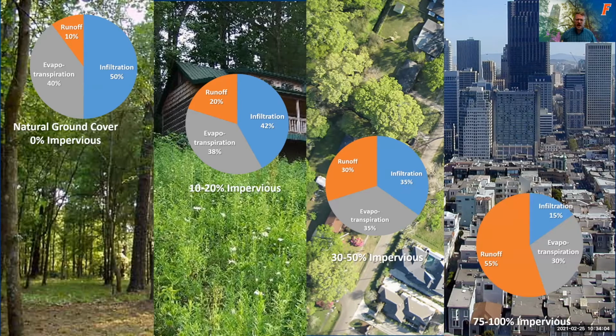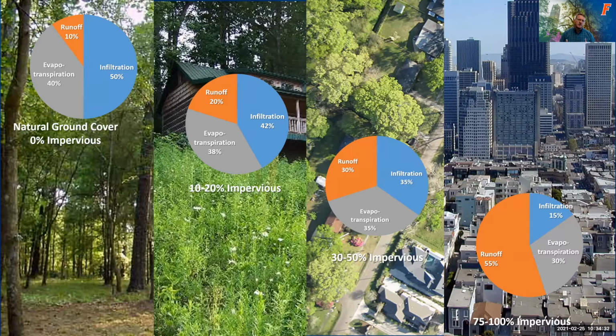And then in really highly densely urbanized areas, downtowns, you can think of downtown Jacksonville or downtown Orlando, really highly impervious areas, we shift that water balance drastically. Now only about 15% of that water actually recharges the groundwater or goes deep into the ground. 30% is evapotranspirated, and 55% might be going to runoff.